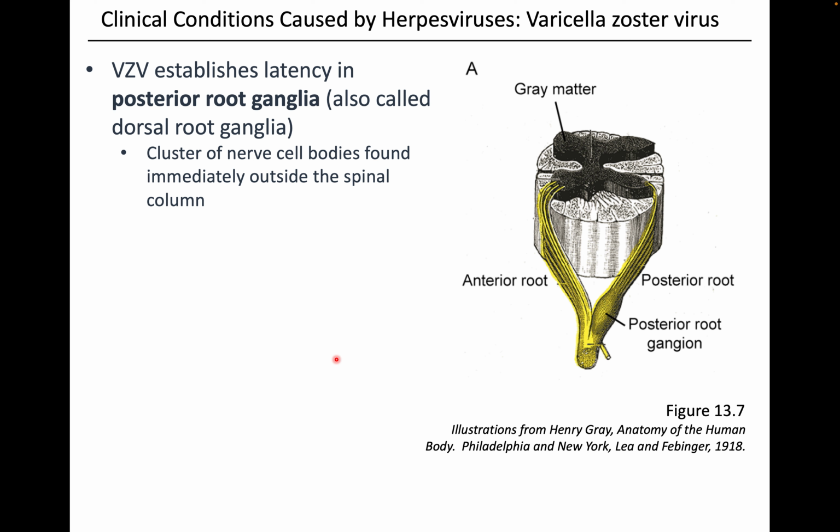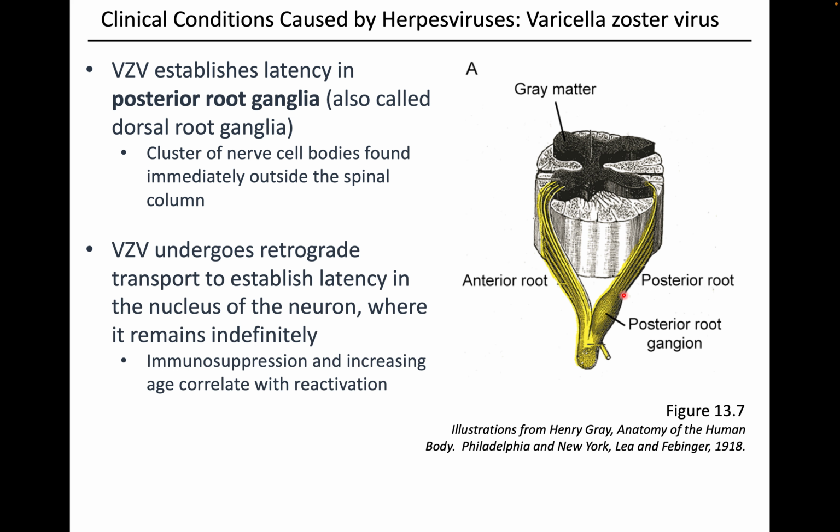So this guy's going to become latent in what's called the posterior root ganglia, pictured here, which is a little cluster of nerve cell bodies, basically just right off the spinal column. And just like we talked about with HSV1 and 2, you get that anterograde and retrograde transport back up to that cluster of cells for latency.